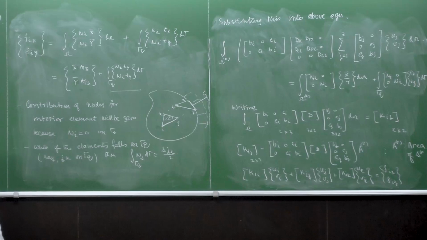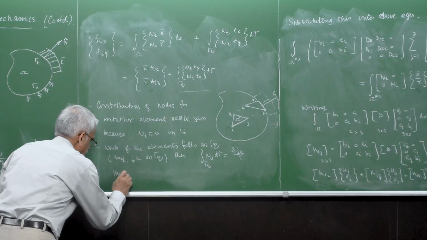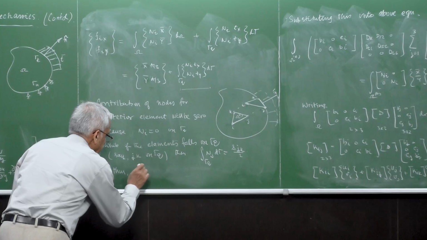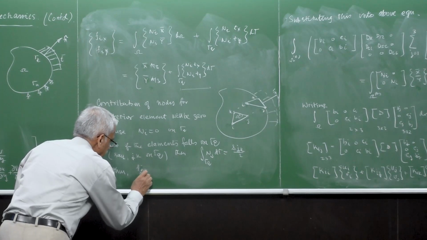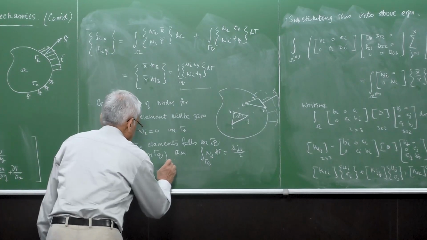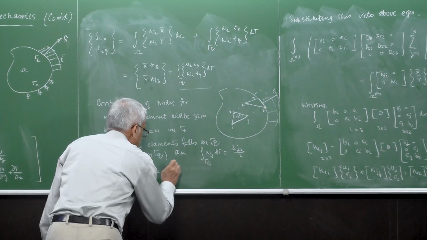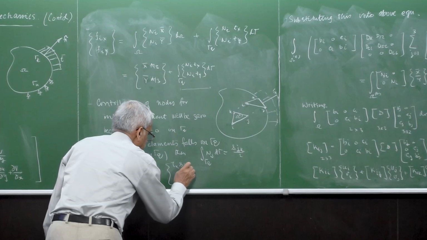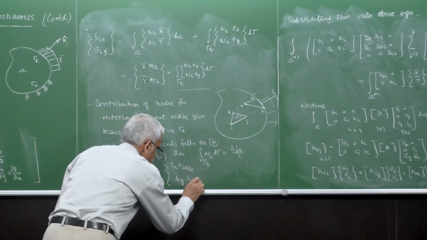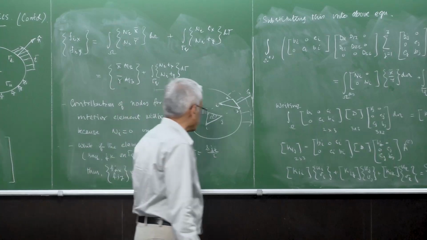So thus the contribution fjx and fjy will be simply tx sjk by 2 and ty. So that's why you observe this one.